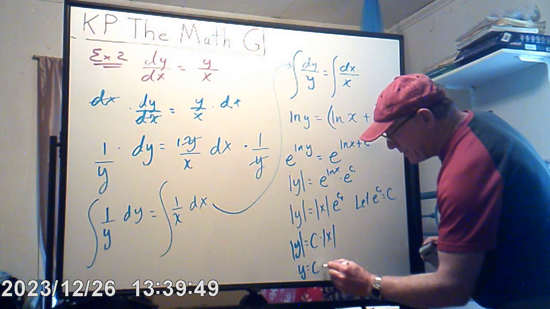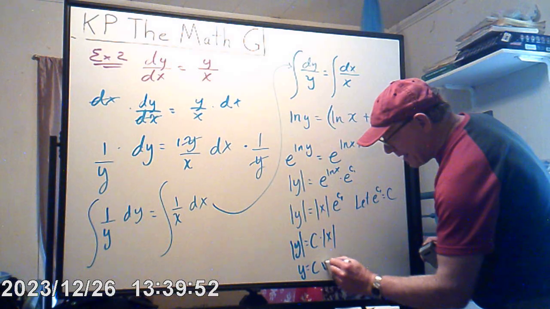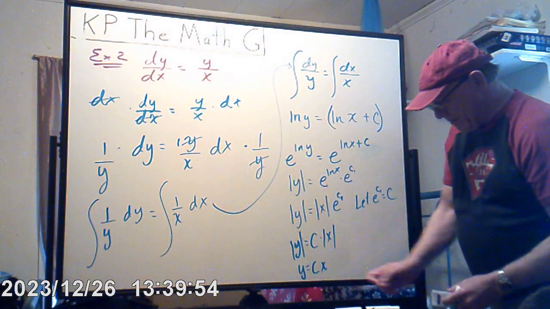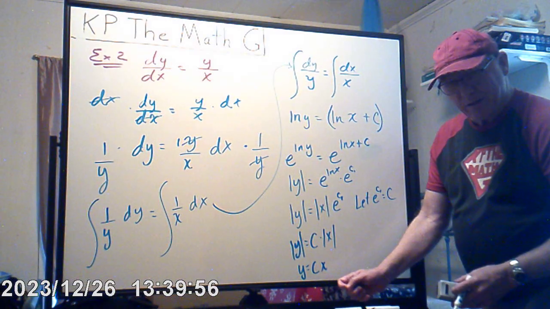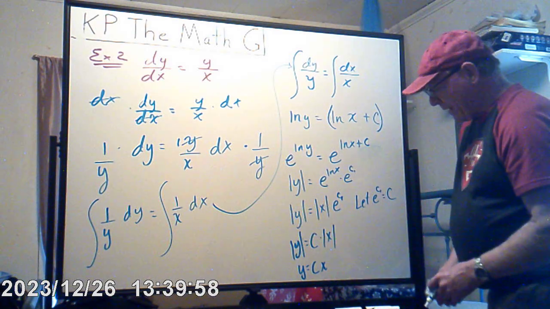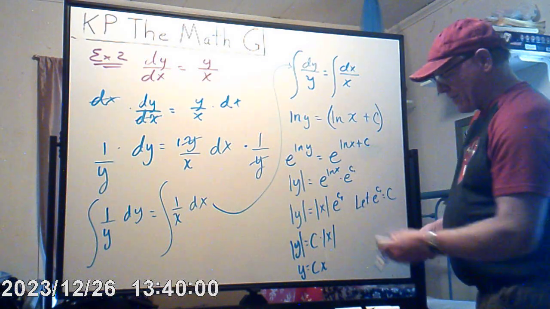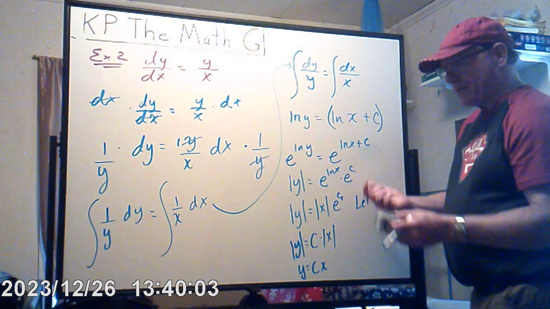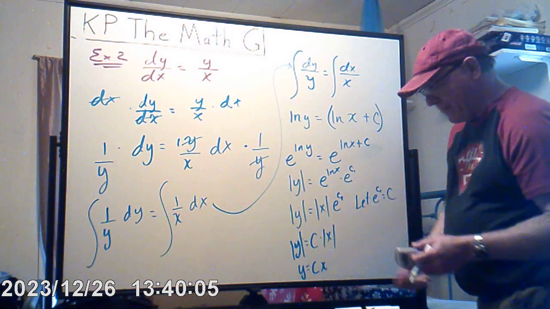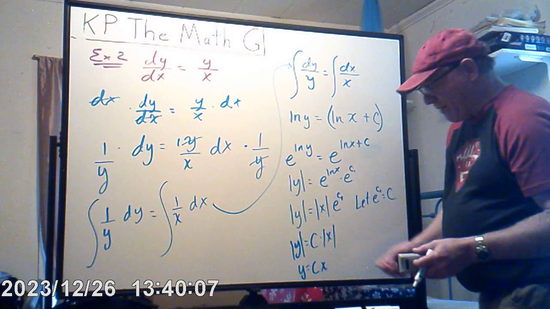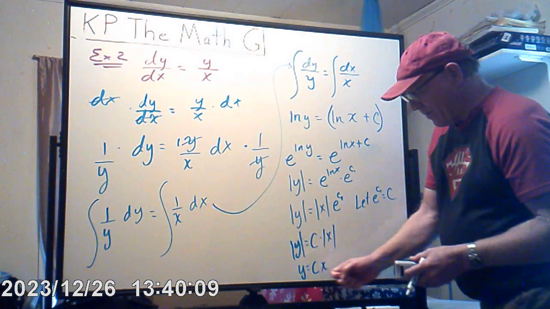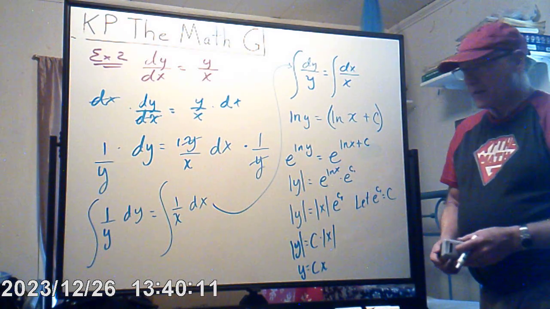And just say y equals cx. And remember, c is a constant. Okay, x is a variable. It's like y is equal to something x. 1x, 2x, 3x, 4x, and so on. Negative 0.25x, whatever, but this is y is equal to cx.